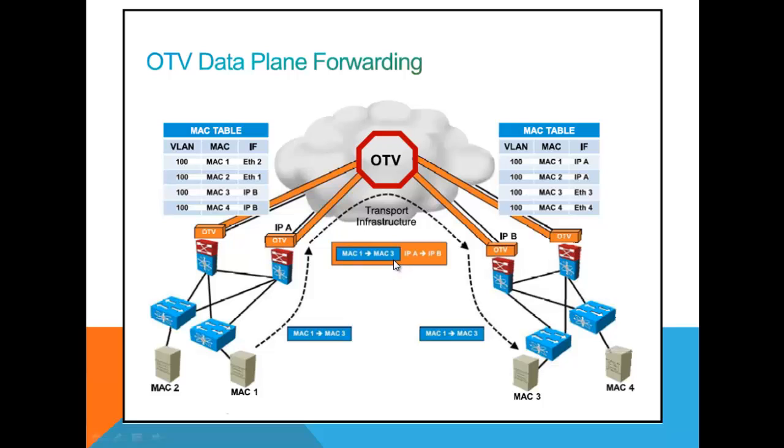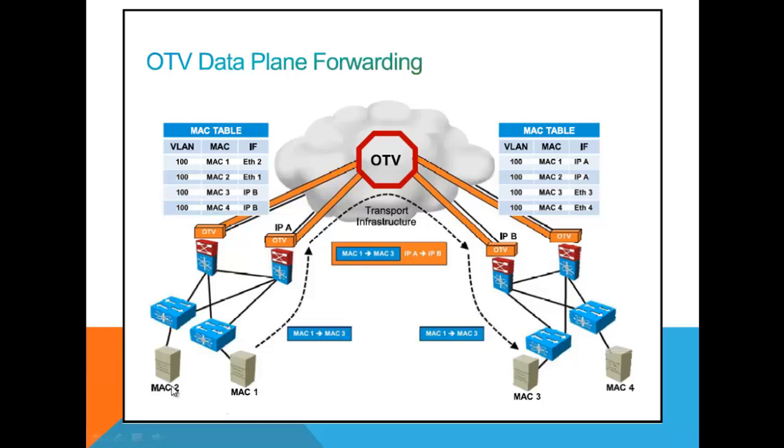If I don't have this, the original MAC address will not be seen on the destination. Here the original MAC address of source and destination is preserved in OTV. So that gives a feeling of a local network, though they are not local.